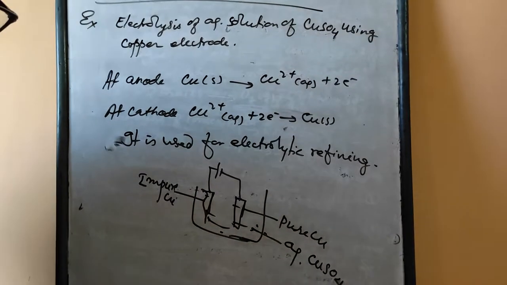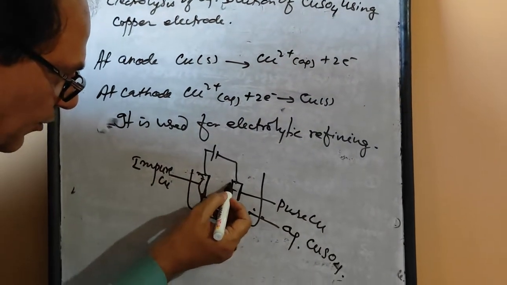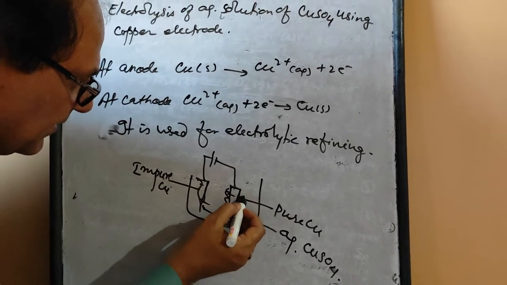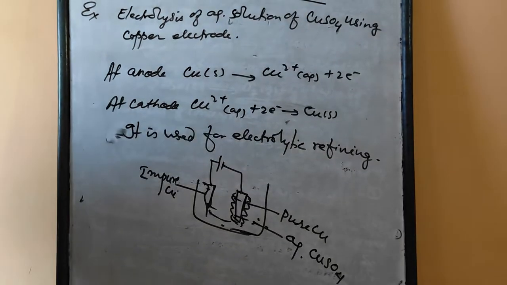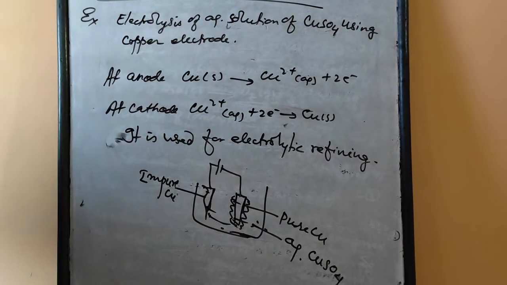What happens? Here pure copper is deposited on the cathode. So this method is used during electrolytic refining.